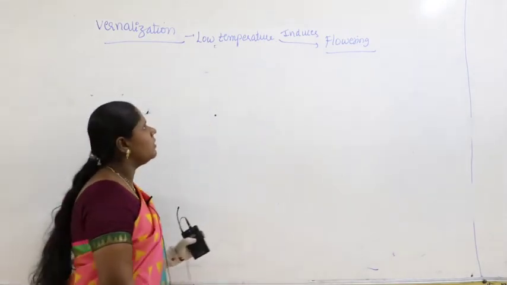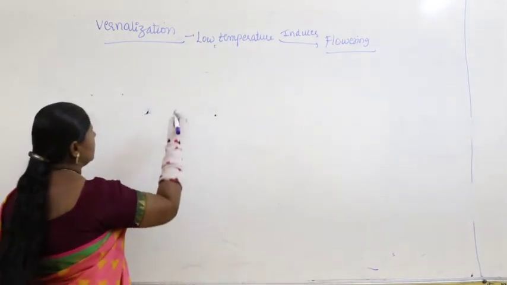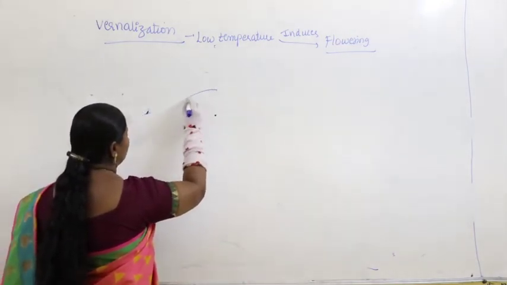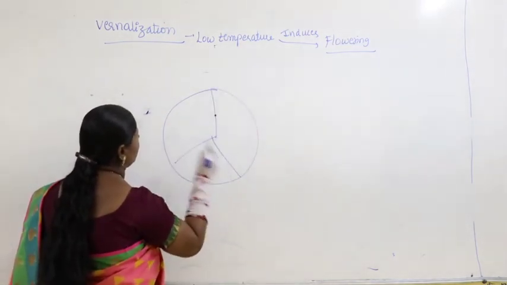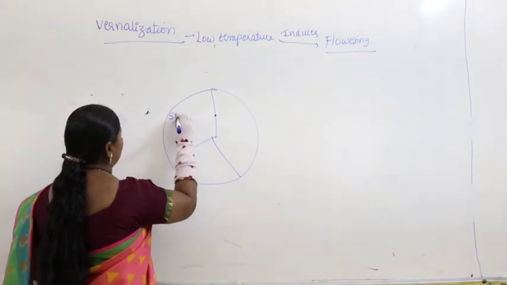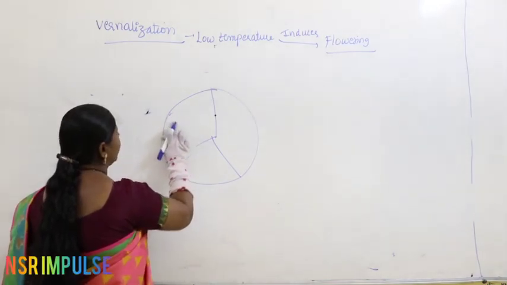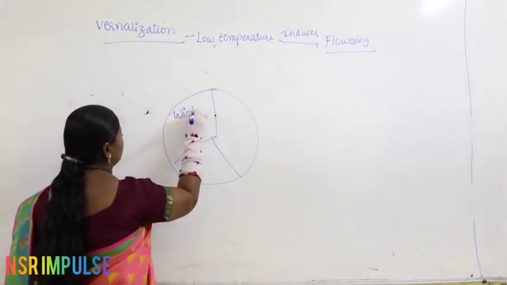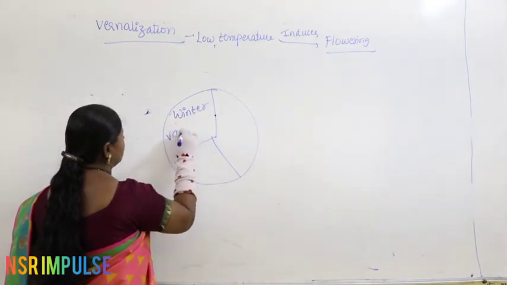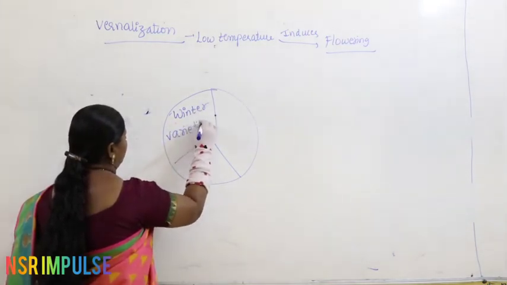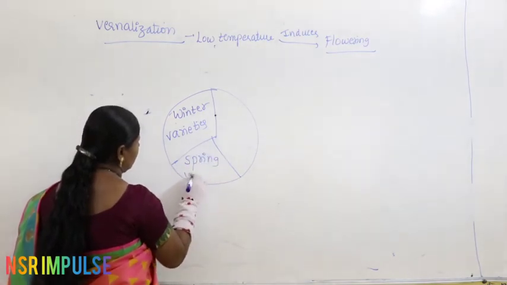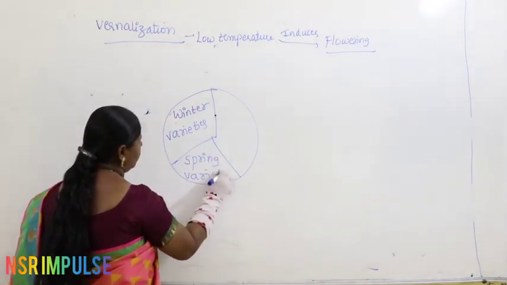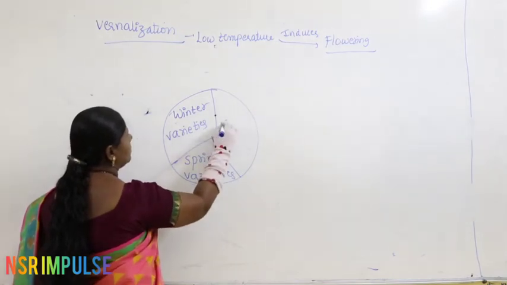Okay. So here in this case, generally we divide plants into three categories. The three categories of the plants are called winter varieties, then spring varieties, then summer varieties.